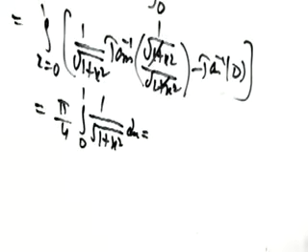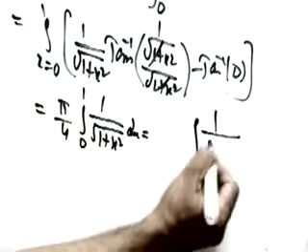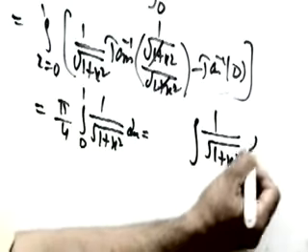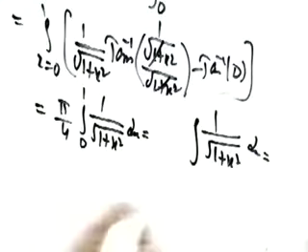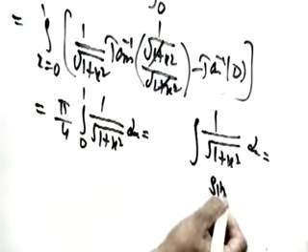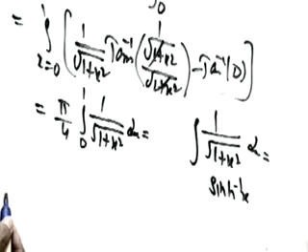Now we can use this formula. We can change into sine h, or we have one more formula we can use, for integration of 1 by under root of 1 plus x squared. We have two formulas for this. One is sine h inverse x by a, that is sine h inverse x.